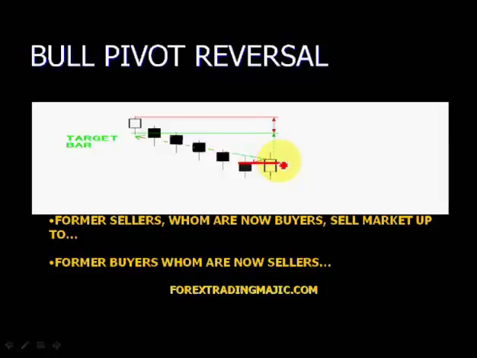Now that does not always happen, but right now we're just covering the basics. But in the majority of the times, this is how it will work.